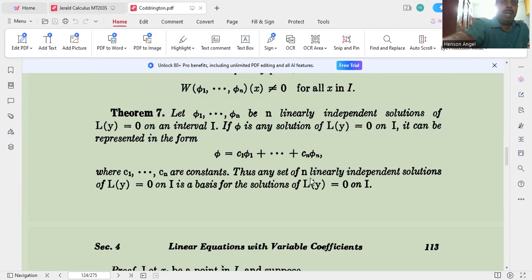Thus, any set of n linearly independent solutions of L(y) = 0 on I is a basis for the solution of L(y) = 0 on this interval.